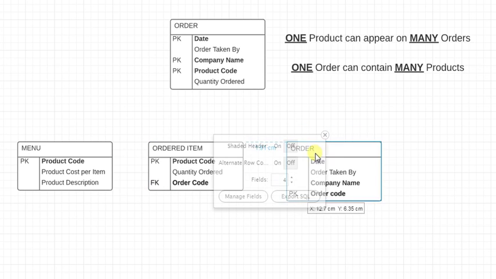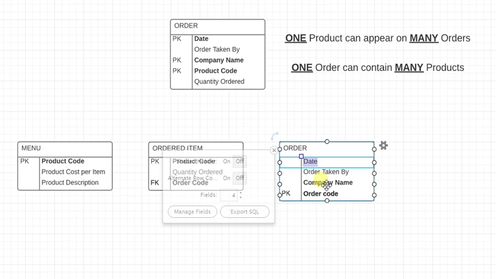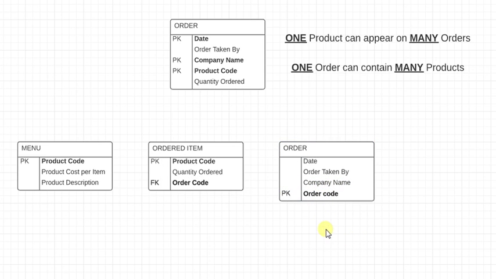So you should be able to see now, product code relates back to the product code on the menu, and that's all dealt with, and order code relates back to the order here. These are now not primary keys or anything. Order code is a unique key. So this order code just relates back to one order, and the product code relates back to one product. So that's how we deal with that many to many.